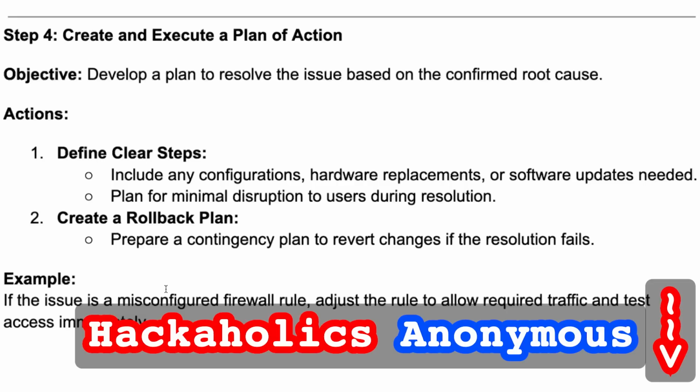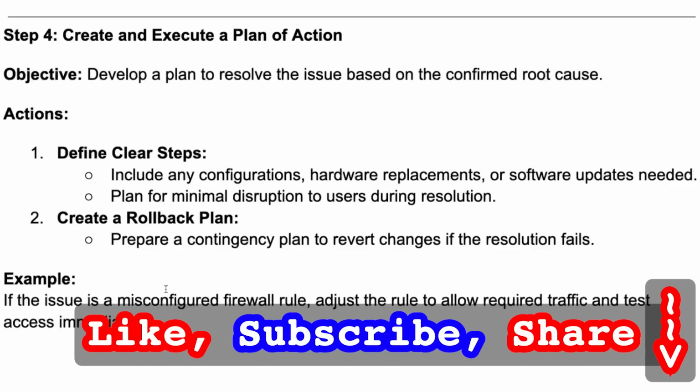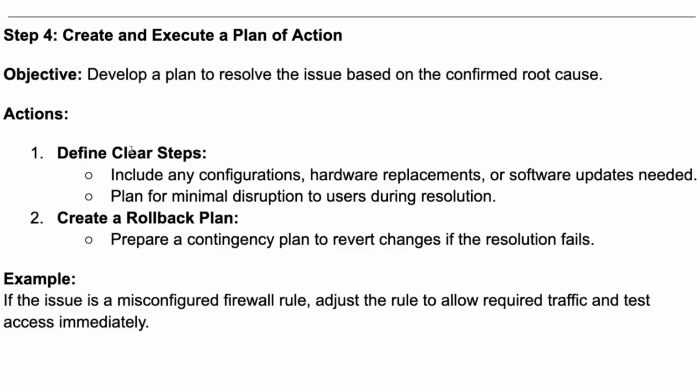Now, assuming that all of your tests have divulged really good information and you really have honed in on what the problem is, then you can go into creating your plan of action and then executing your plan of action. So what would you do to resolve the issue, right?